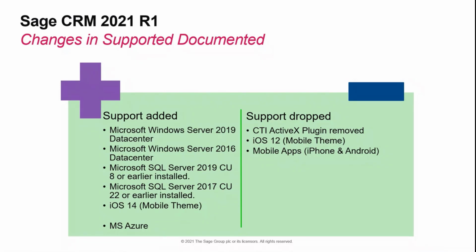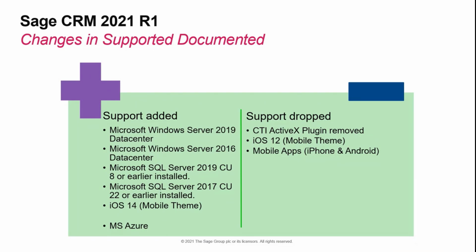We have also updated our support for 2019 SQL Server and 2017 SQL Server, and also added mobile theme support for iOS 14. And importantly, we're now certified to be running on MS Azure.